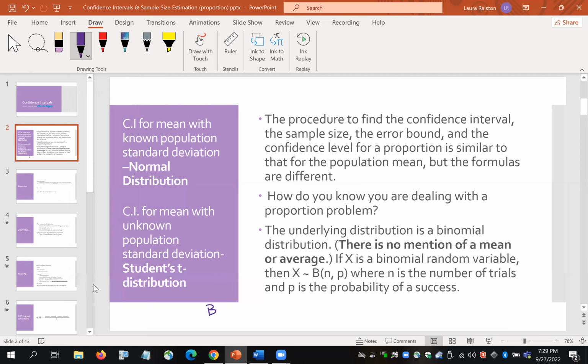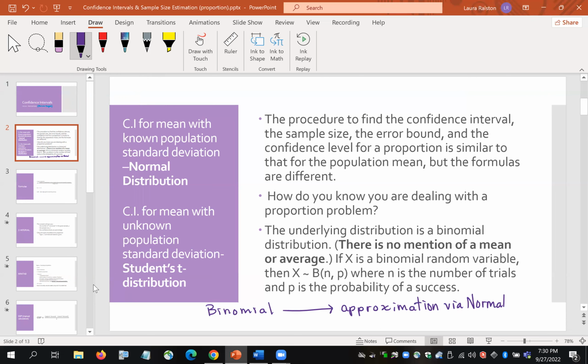The binomial distribution can be approximated using the normal. So we actually use an approximation via the normal distribution, where you have that nice continuous probability distribution that's bell-shaped and symmetric.